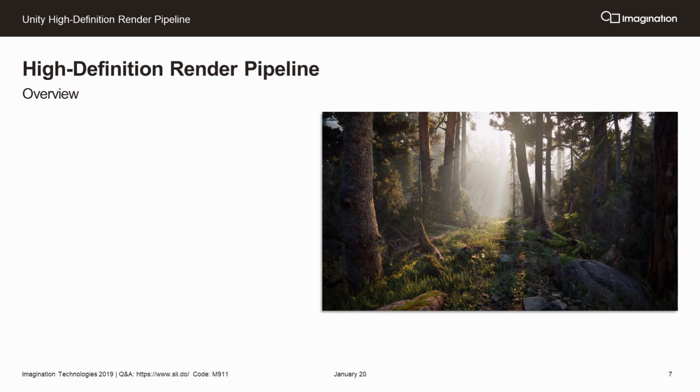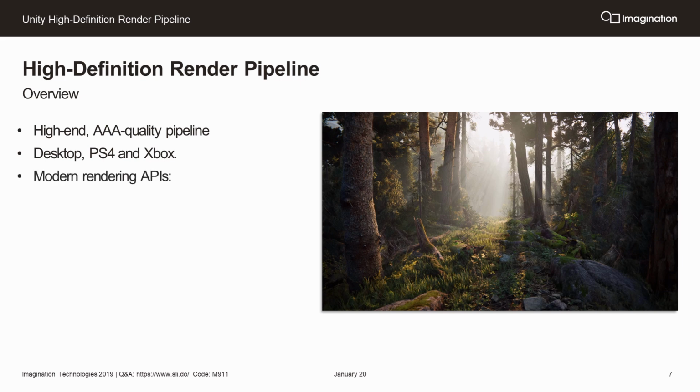So the HDRP is a high-end render pipeline that uses many cutting-edge real-time rendering techniques. It's currently available on desktop and consoles, and it also supports modern rendering APIs such as Vulkan, DX12, and Metal. It is said to be available on Android and iOS in the future as well.